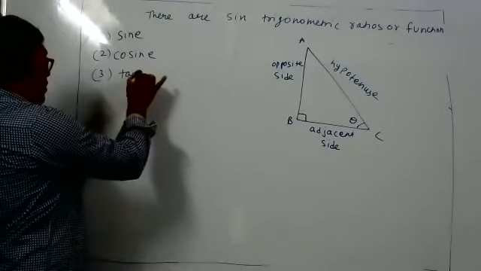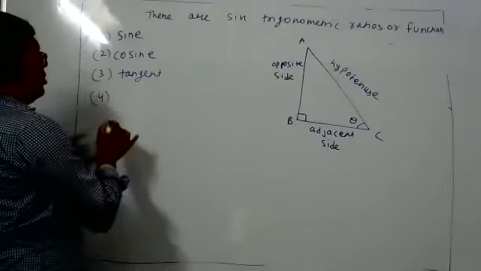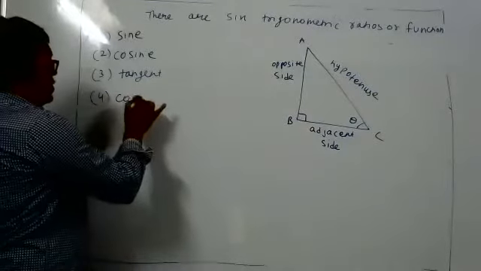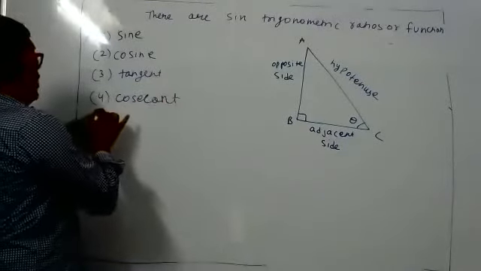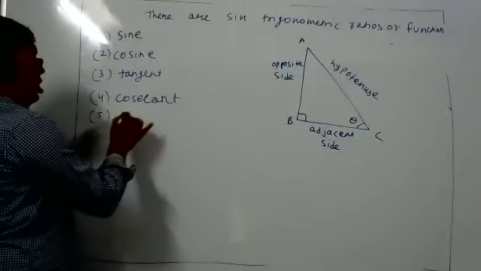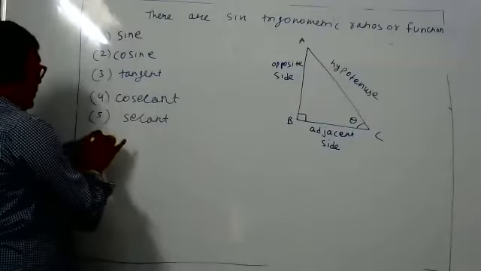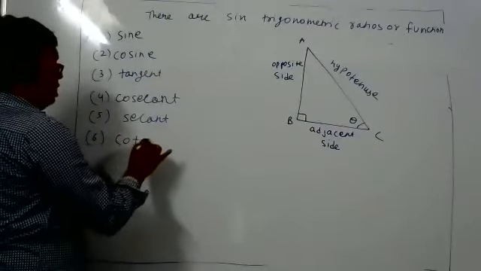Then the reciprocal of sine is cosecant. The reciprocal of cos is secant. The reciprocal of tan is cotangent.